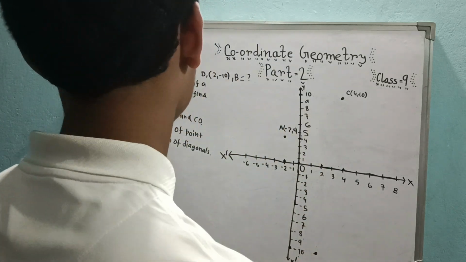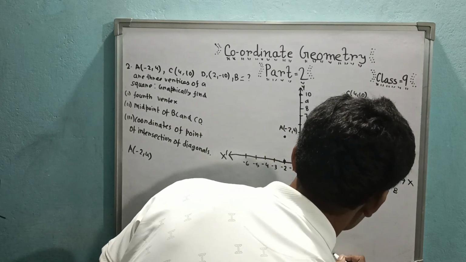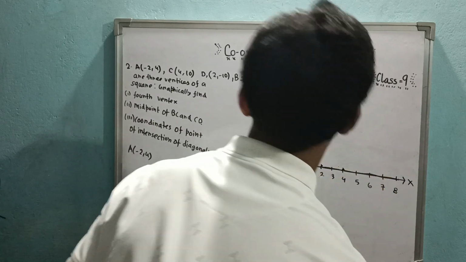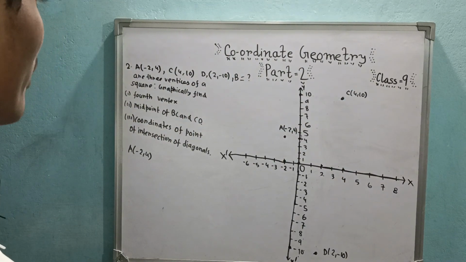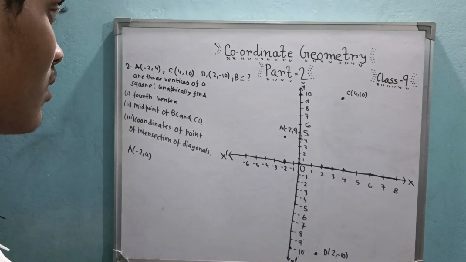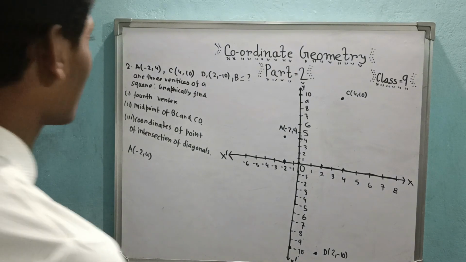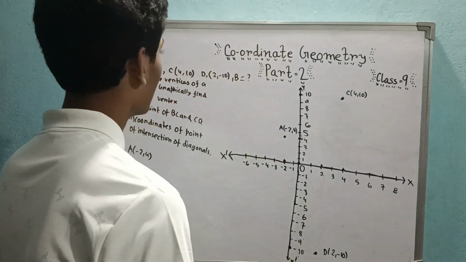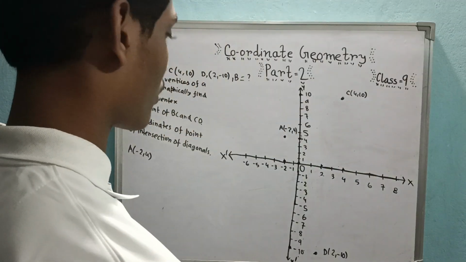This is B, 2 comma minus. Wait, is this a square? Can it be a square? Something's wrong with the information or anything. ACD. What is this, a parallelogram?